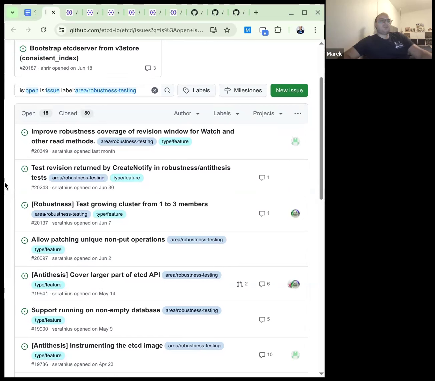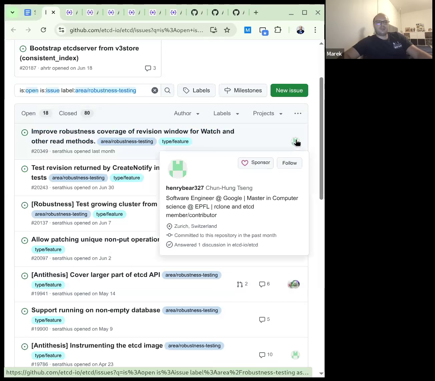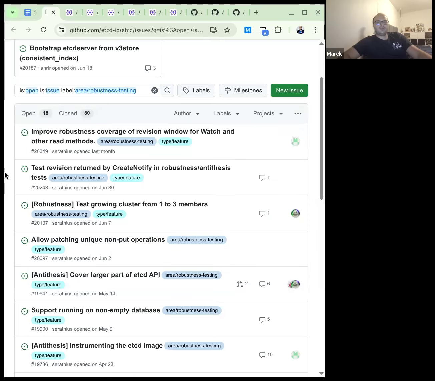Yeah, I agree. I think we reached full coverage of Antithesis to match robustness, with the additional fail points. That was the last missing piece. There are still things that we can improve in both frameworks. Here I'm working with, and hoping that Henry can do some better testing of the watch and other things.